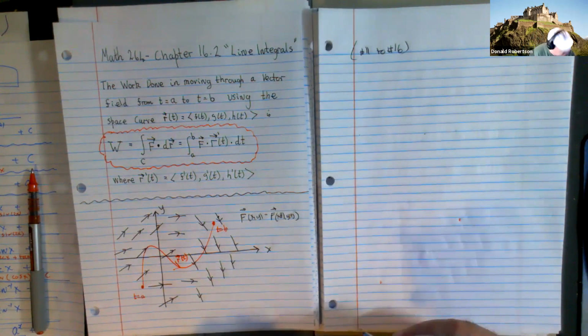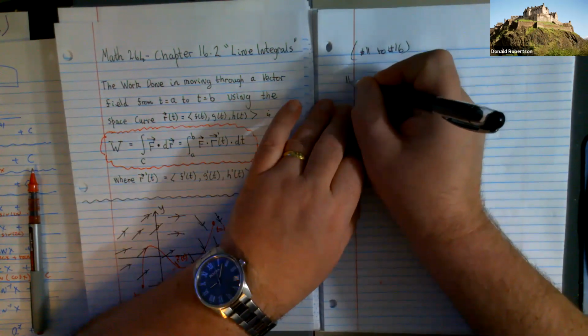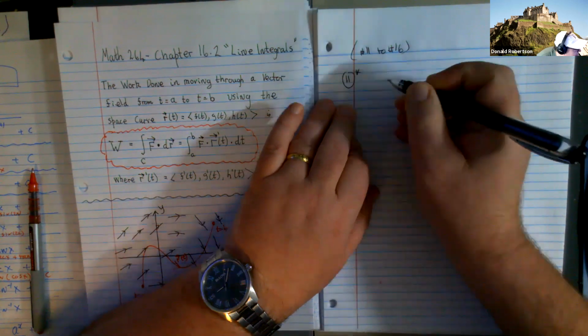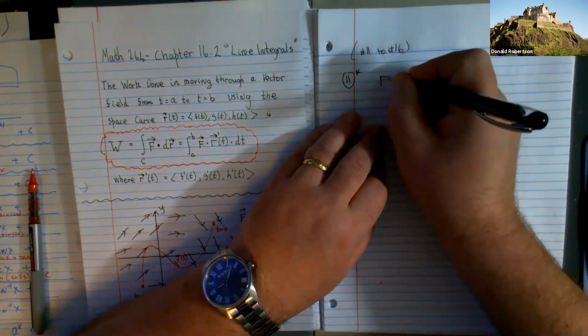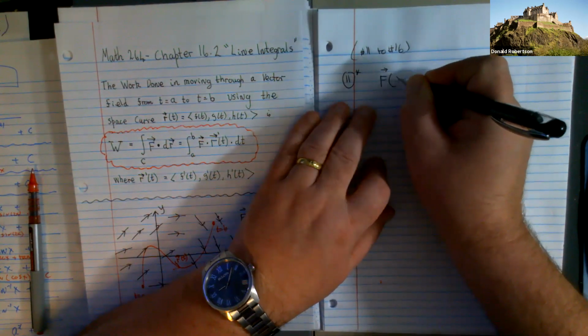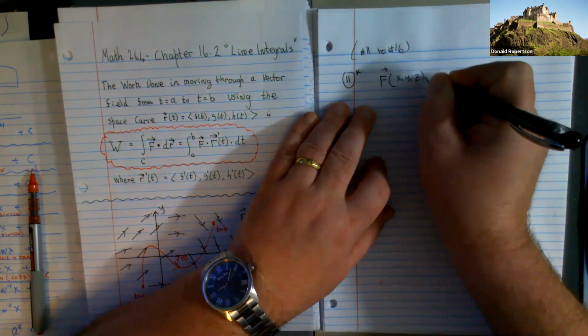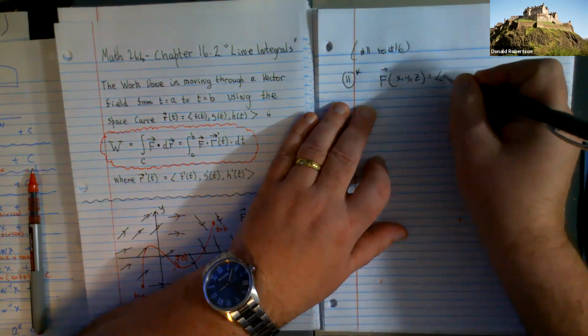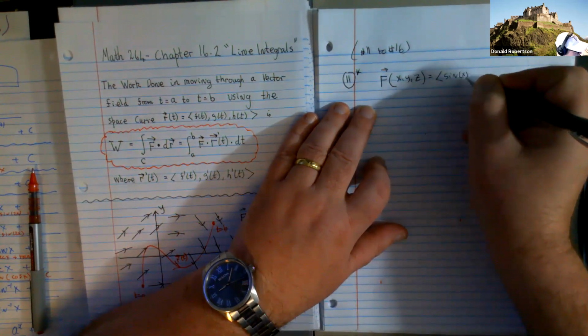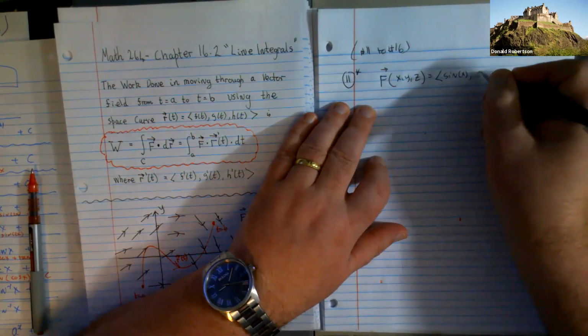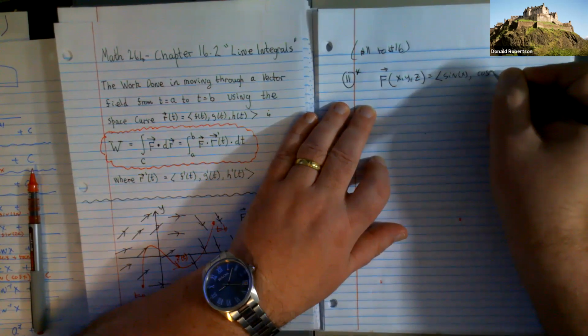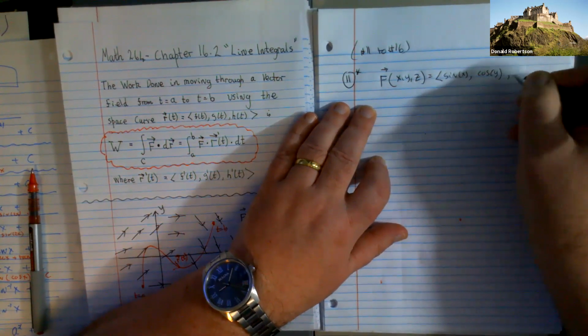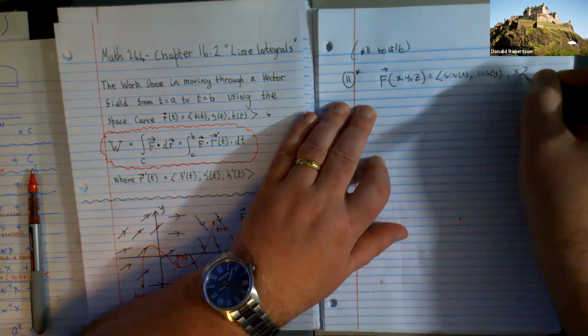Well, let's start with a version of 11. In question 11, the vector field is sine x, cosine y, and xz.